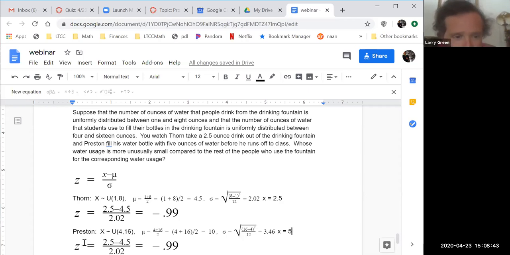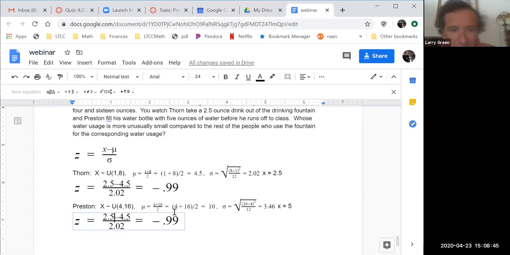So now we just put everything in. So our Z is going to be X, which is 5, minus the mean, which was 10, over the standard deviation, which is 3.46. And tell me what you get.